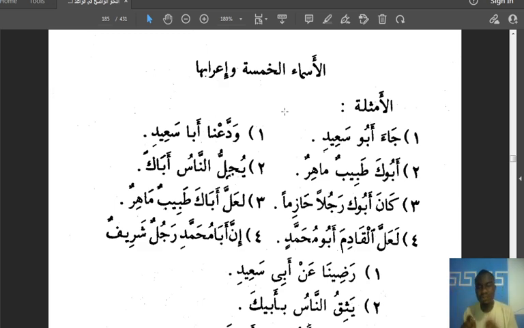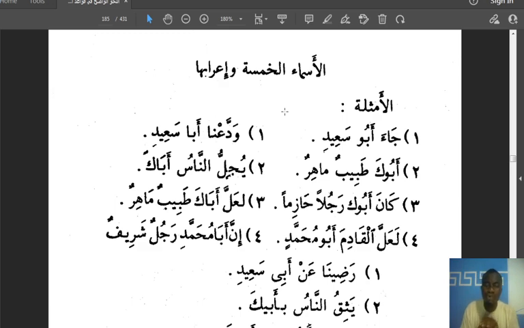So in these i'rabs, you hear that whenever I say وعلامة رفعه الضمة وعلامة نصبه الفتحة, the signs are vowels, the signs that make us see which word is nominative, which word is accusative, which word is genitive. They are all fatha, kasra, dhamma, sukun. So these are vowels.